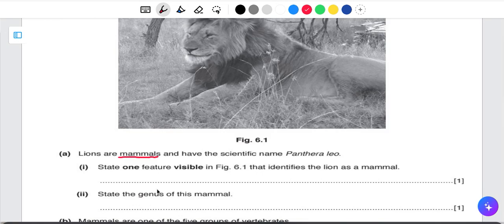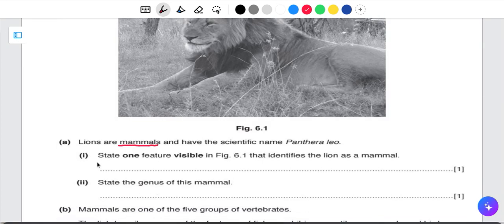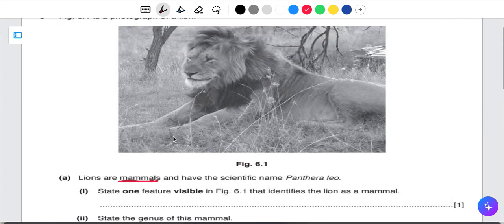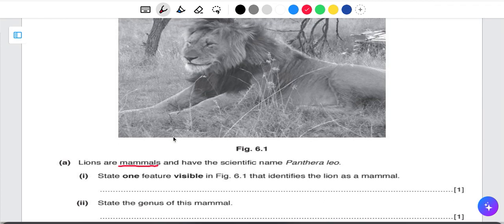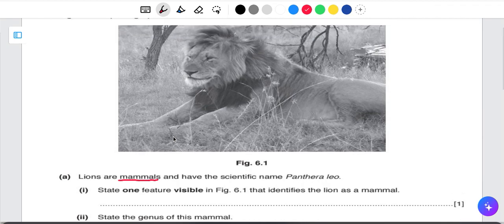Then the first question, which is Roman numeral 1, is saying state one feature visible in figure 6.1 that identifies the lion as a mammal. So human beings are also mammals. And what makes them mammals? They are able to breastfeed, as well as they have the fur or the hair on their bodies.